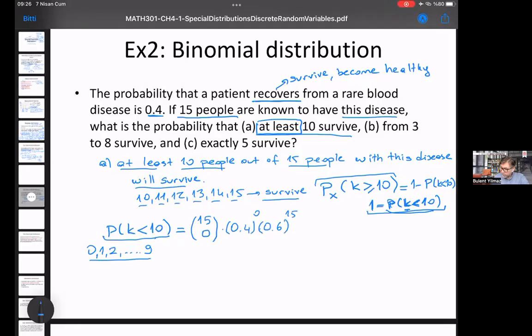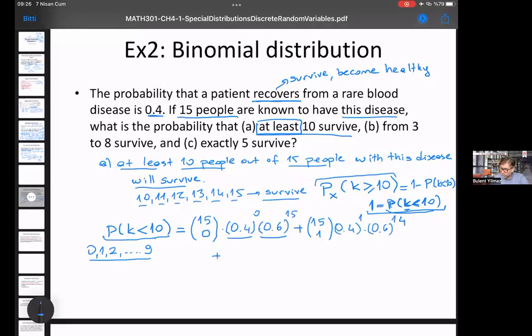So out of 15 people, no people will survive. All of them will unfortunately die, okay? So plus I will have 15 people, but only one person survives. I don't know which one, any one of those. I'm going to put 0.4 to the power 1 times 0.6 to the power 14, right?